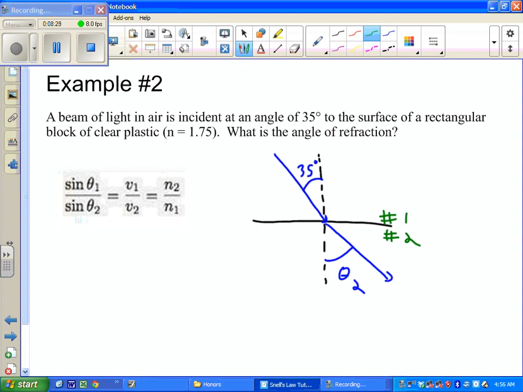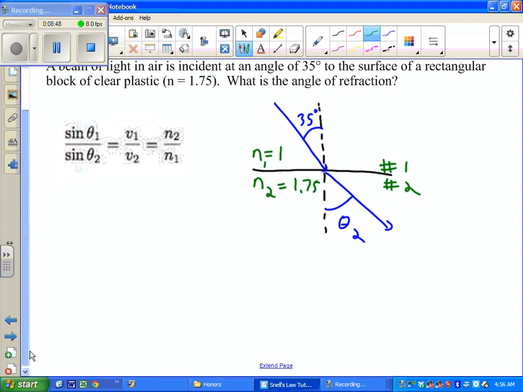And we know the n's. So for N1, this is air. N1 is 1 for air. And N2, this is our plastic. It is 1.75. So given that, we can find what we need to find.